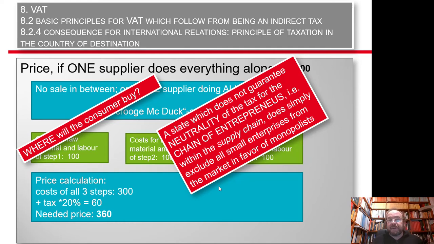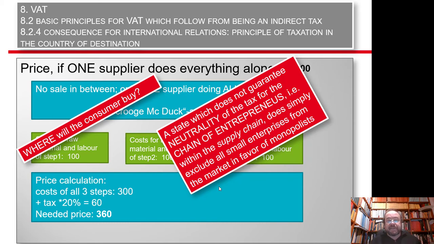The small enterprises A, B, C will die out, and that leads us to a conclusion: a state which does not guarantee neutrality for the chain of entrepreneurs, so for the supply chain, simply excludes all small enterprises from the market and creates monopolists or huge, massive enterprises, trusts or so, like the Scrooge McDuck empire.